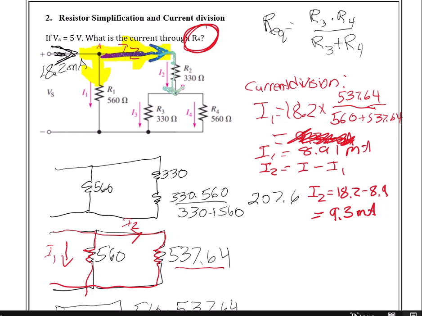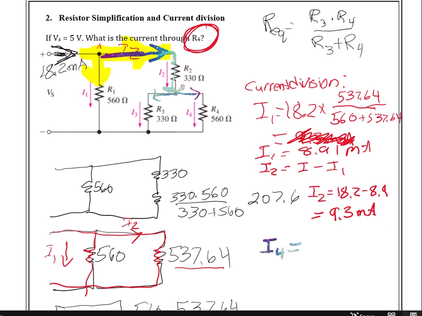And then when we get here, we're going to have current division again. And we want the current going through R4, because that's what the question is asking. What is the current through R4? So would that be 9.29 over, instead of using the whole current, would I use the current that's coming from I2? Correct.